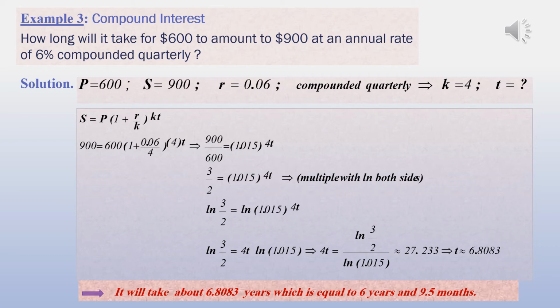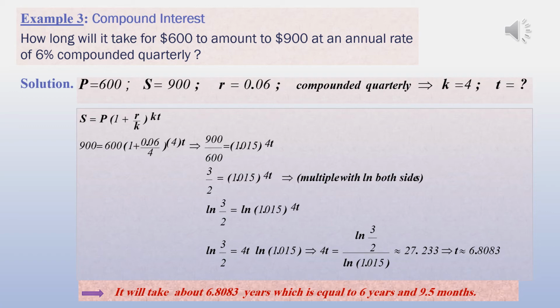Now, the remaining equation is nothing but an exponential equation with the variable t. Previously in chapter 4, we learned that when we want to solve an exponential equation, we need to change it to a logarithmic equation. So when we take the log of both sides, we have log of 3 over 2 equal to log of 1.015 to the degree of 4t.